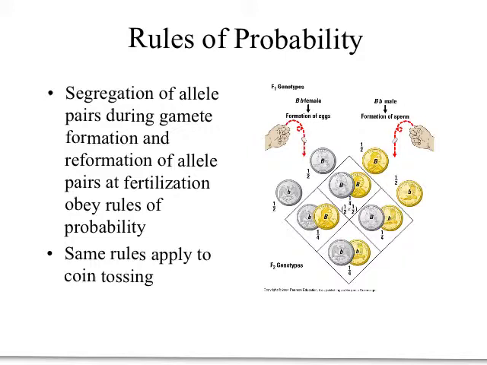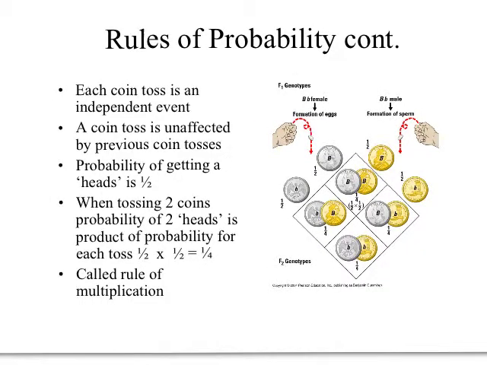It obeys the rules of probability, so it's basically the same as tossing a coin. Each coin toss is an independent event. One coin toss doesn't affect the other ones or any previous ones. So the probability of getting heads is 1 out of 2, right? There are 2 sides to a coin, so there's 1 out of 2 possibilities of getting heads.